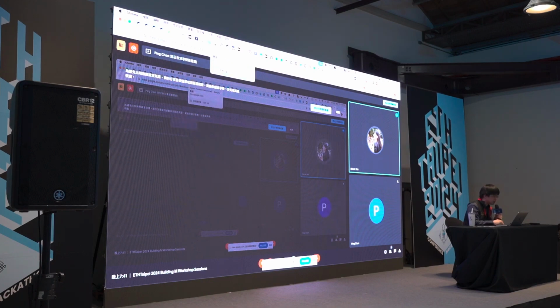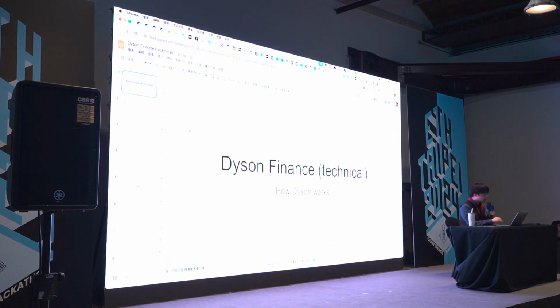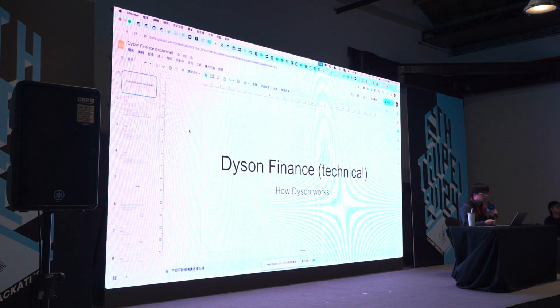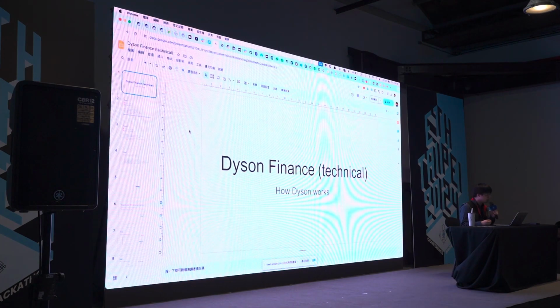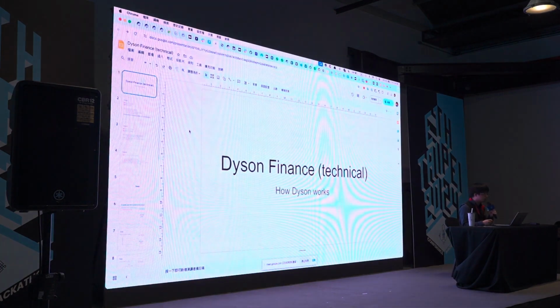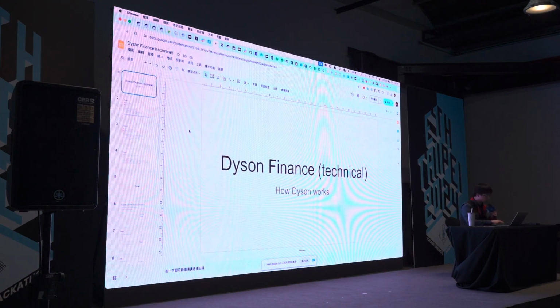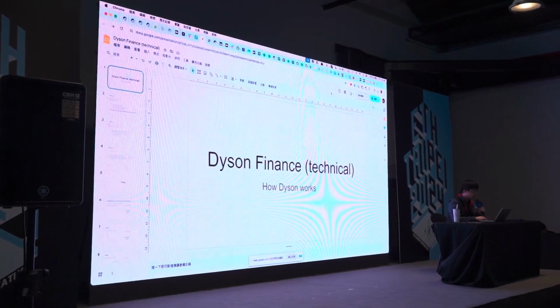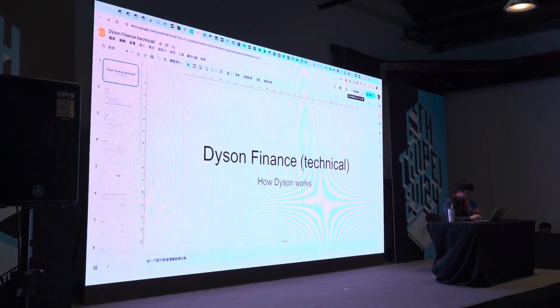So let me get started by giving a technical introduction of how Dyson Finance is built, and to give you some understanding of the internal mechanism of the smart contract. So I believe it would help you to finish your integration. Oh yeah, and I'll share the link in the Discord channel afterward.